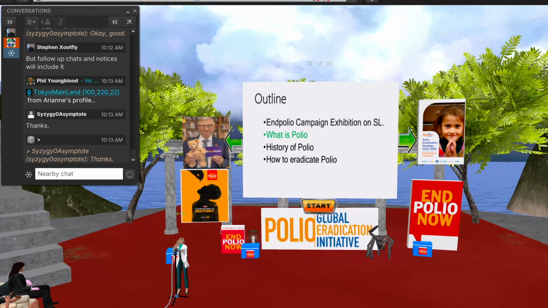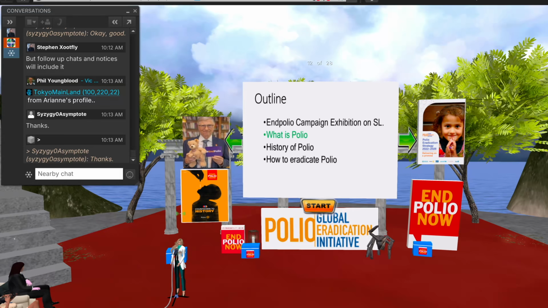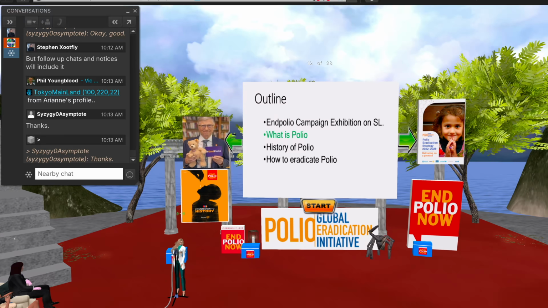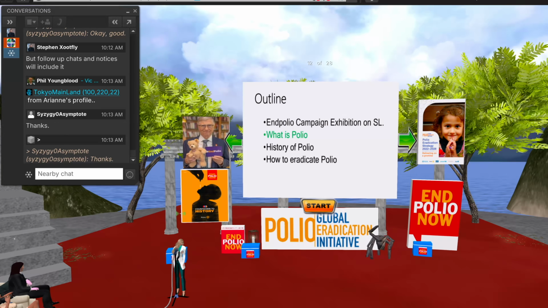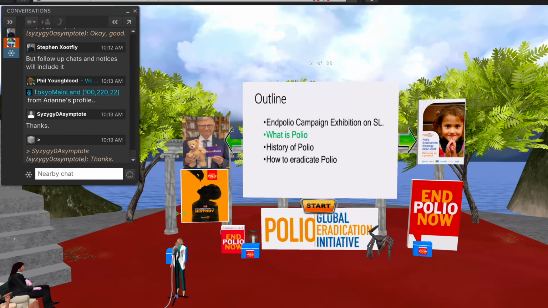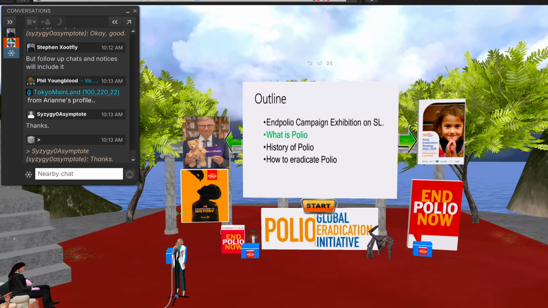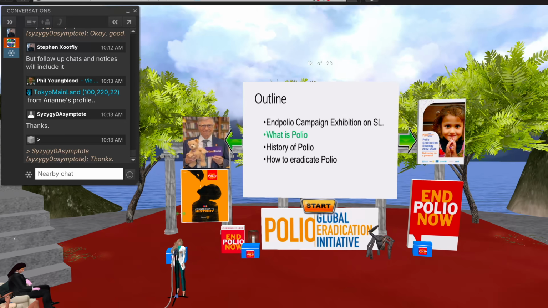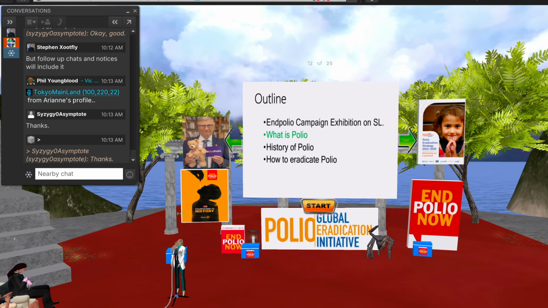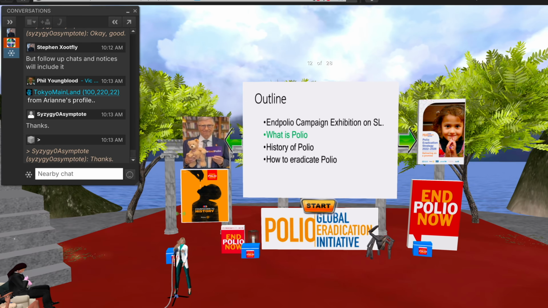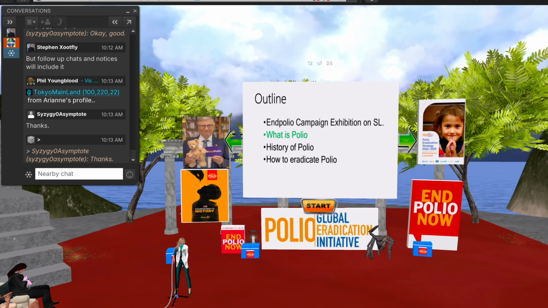Yet in many countries where no cases have been reported for years, public awareness and concern regarding polio have gradually diminished. In light of this, it is essential that we take a moment to revisit the fundamental facts about this disease and reaffirm our collective understanding of the threat it continues to pose.